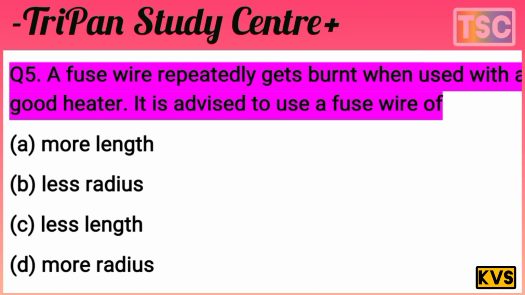Radius is important for the fuse. With a heater, a thin fuse burns immediately, but with more radius it does not burn suddenly. That's important for the exam view of this question.